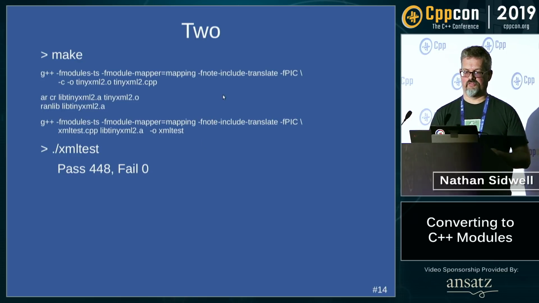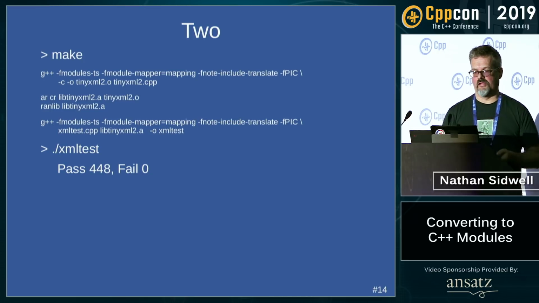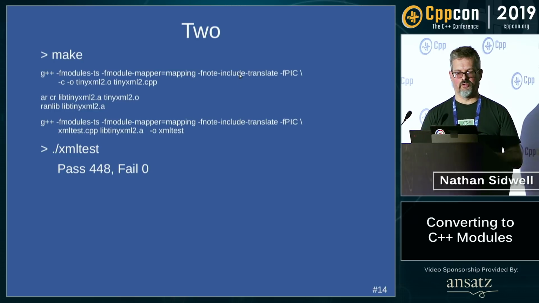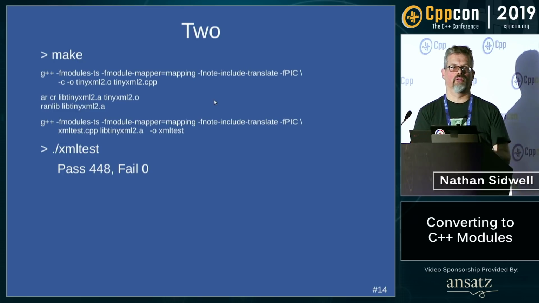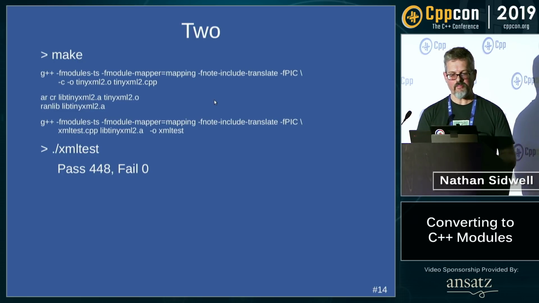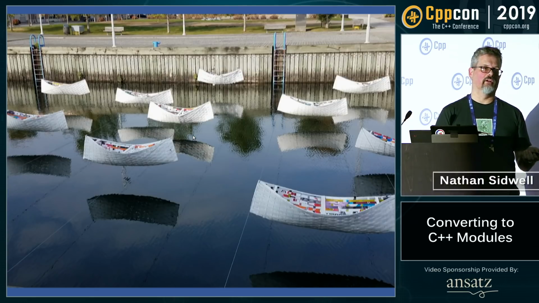But you'll notice here when I type make, I'm not rebuilding the header unit because I didn't change anything in the header unit. It's already there. I didn't do a clean build at this point. So I got the two compilations of the library interface unit and of the test program, and you see there's no note that include translation happened because I explicitly said do the thing. And hooray, everything passes, we're good. So we can now relax again.